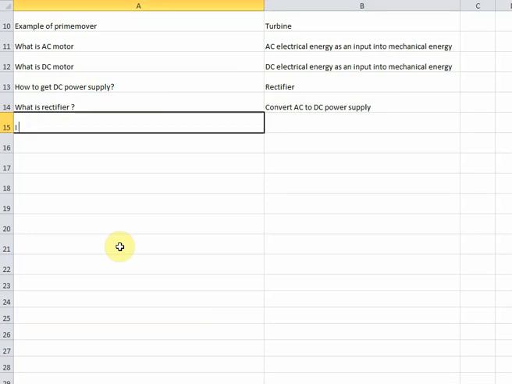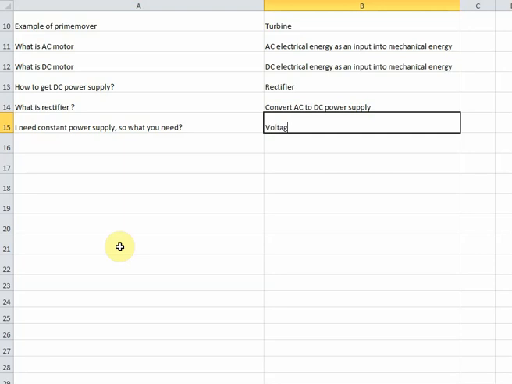I need a constant power supply. So what do you need? A voltage regulator.